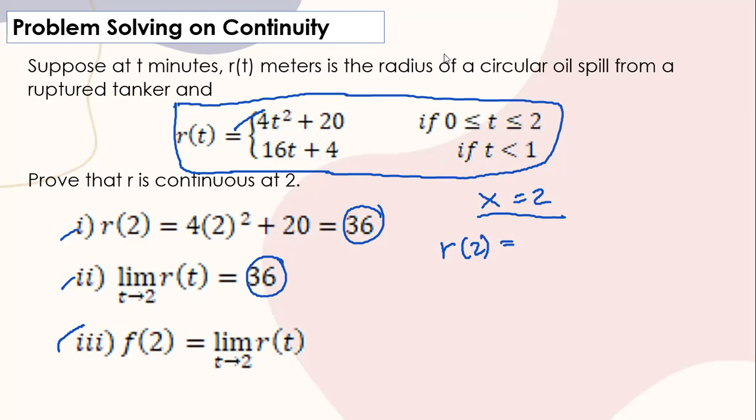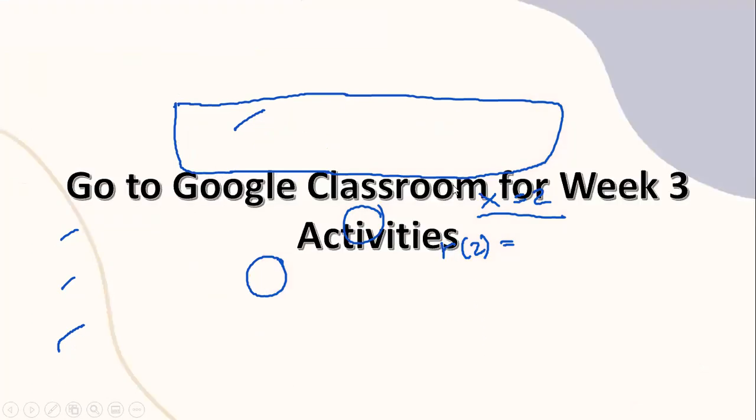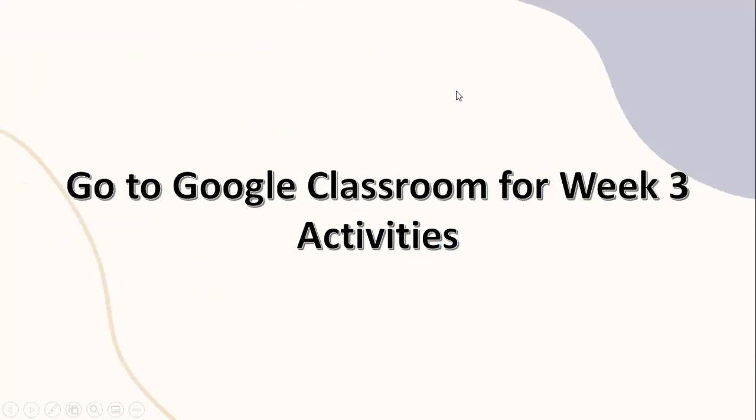Okay, so that's it for the problem solving on continuity. Okay, so again, since all three conditions are satisfied, therefore R is continuous at 2. Okay, so that's it for the continuity of functions. So you may go to the Google Classroom for week 3 activities.